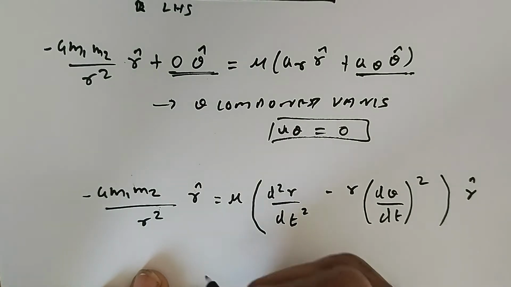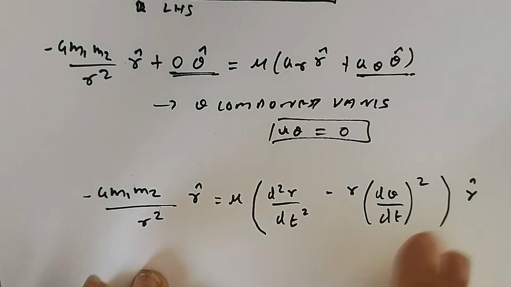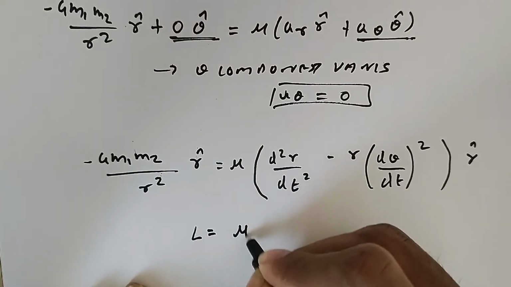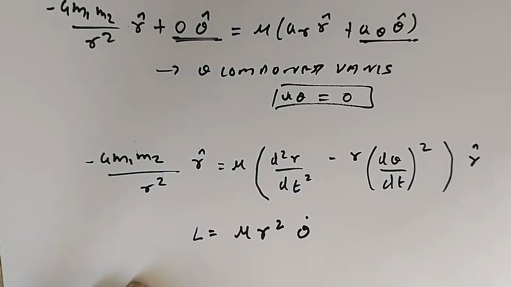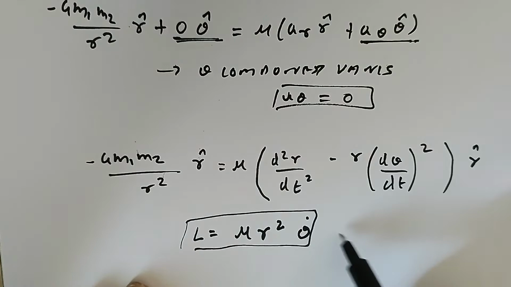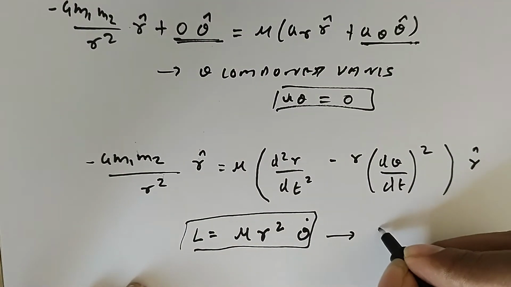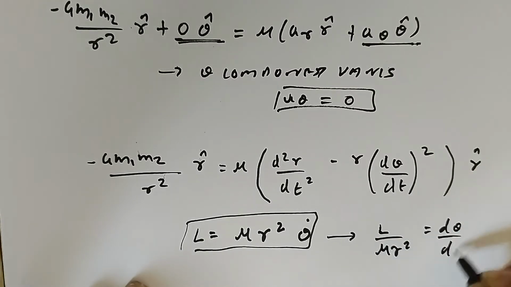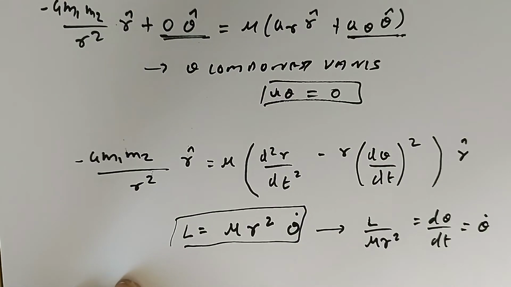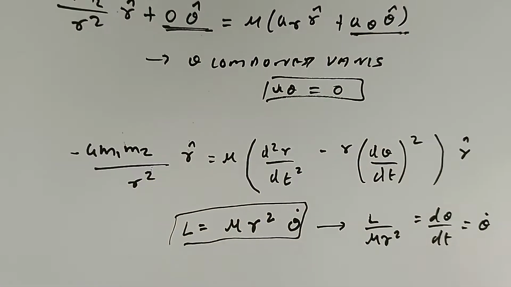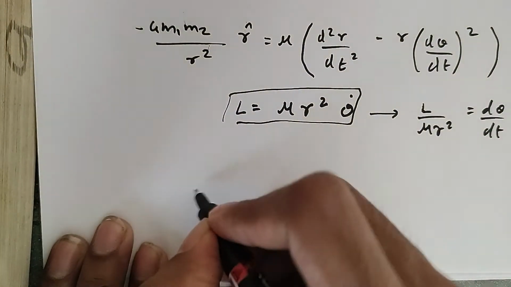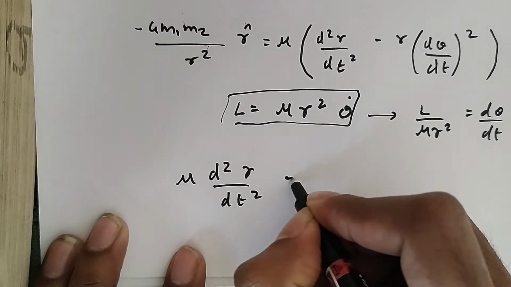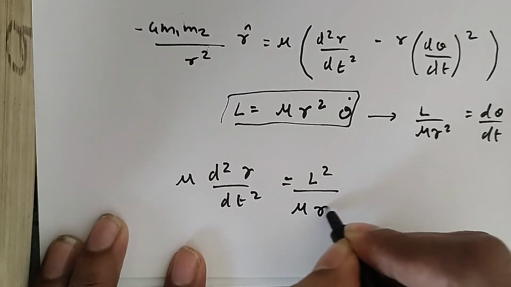So by setting this component equal, with the substitution of L is equal to mu r square theta dot, which, if you remember, we had derived long back in the second video, we get an equation over here by using this: theta dot square r is equal to L square upon mu square r cube.